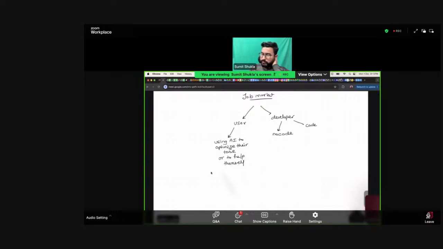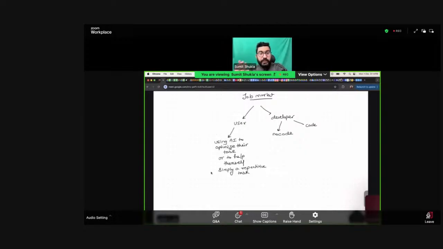So, for example, if you have a regular task of checking your email and then approving something, or maybe just let's take a very simple example.